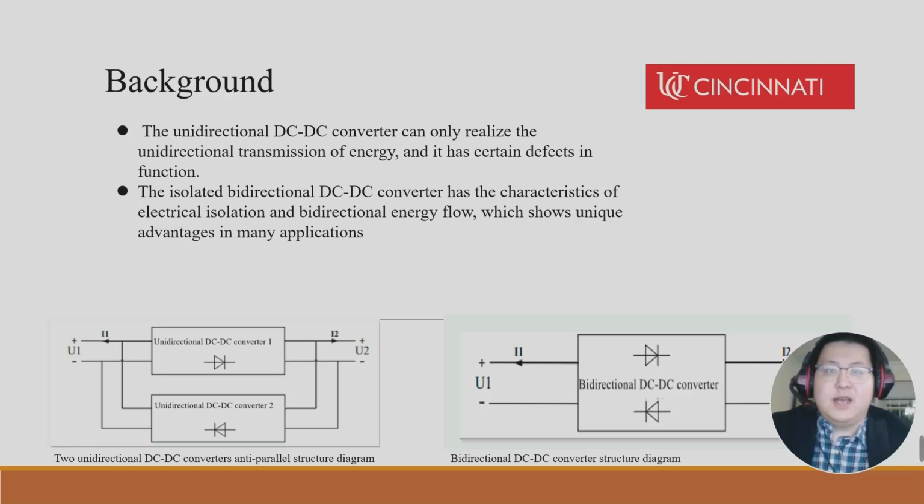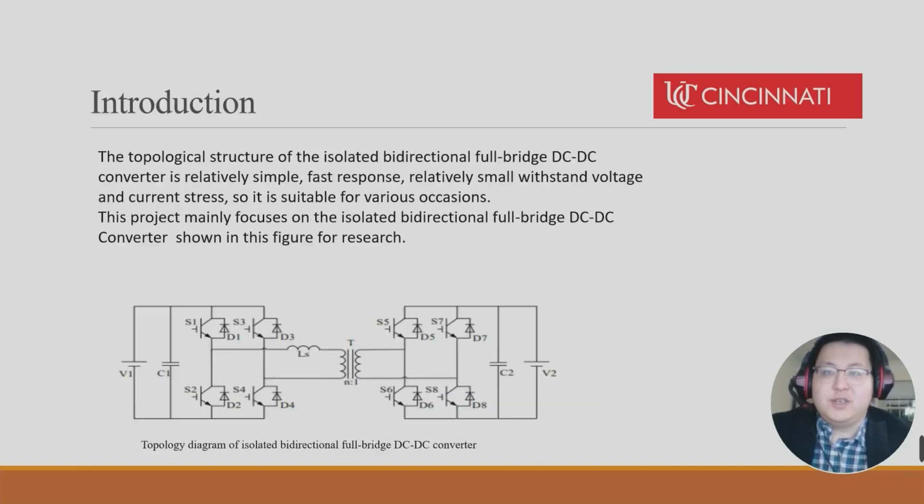The unidirectional DC-DC converter can only realize unidirectional transmission of energy, and it has certain functional defects. The isolated bidirectional DC-DC converter has the characteristics of electrical isolation and bidirectional energy flow, which shows unique advantages in many applications. So we design an isolated bidirectional full-bridge DC-DC converter, as in this figure.